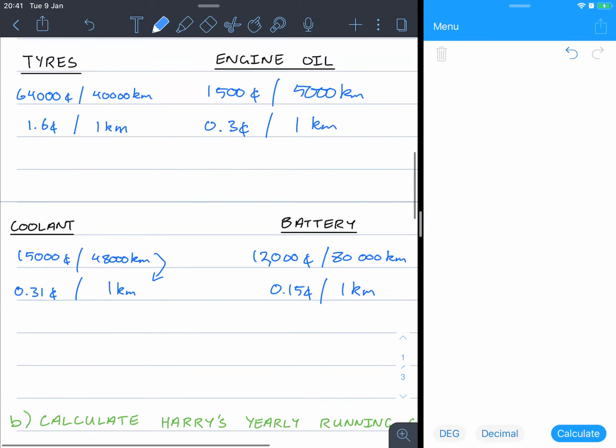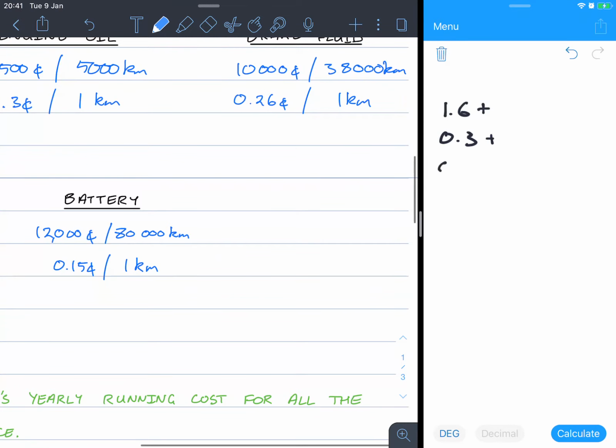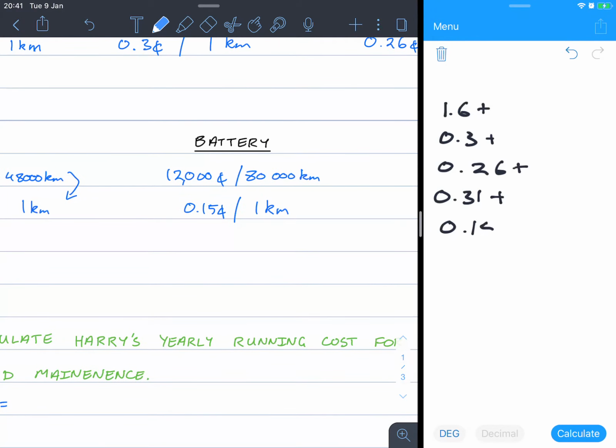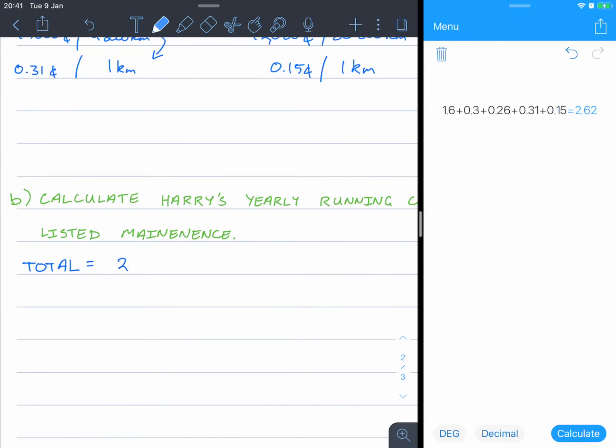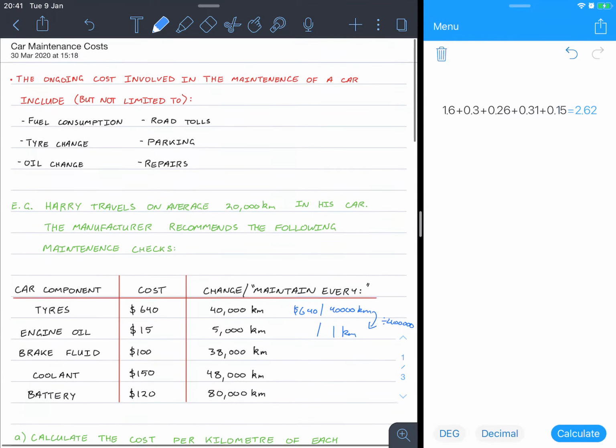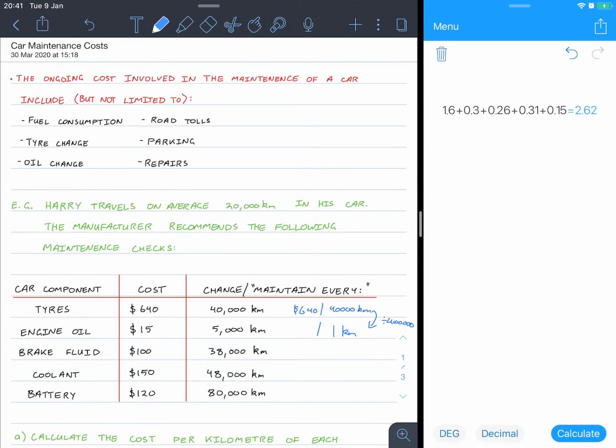So 1.6 plus 0.3 plus 0.26 plus 0.31 plus 0.15. This is a total of 2.62 cents per kilometer. However, we need to remember that Harry travels 20,000 kilometers.